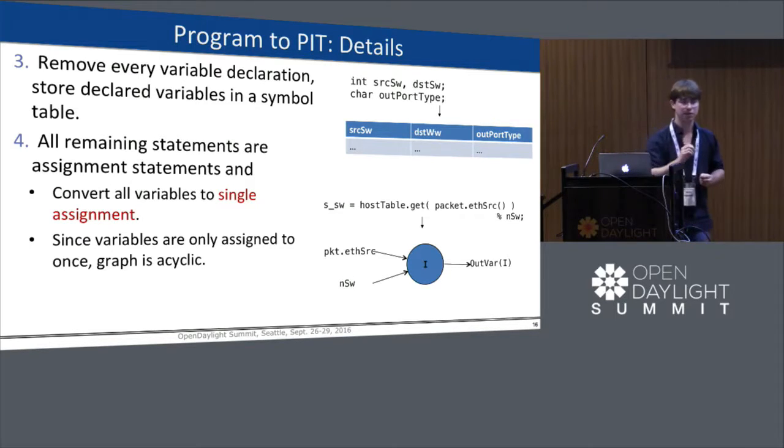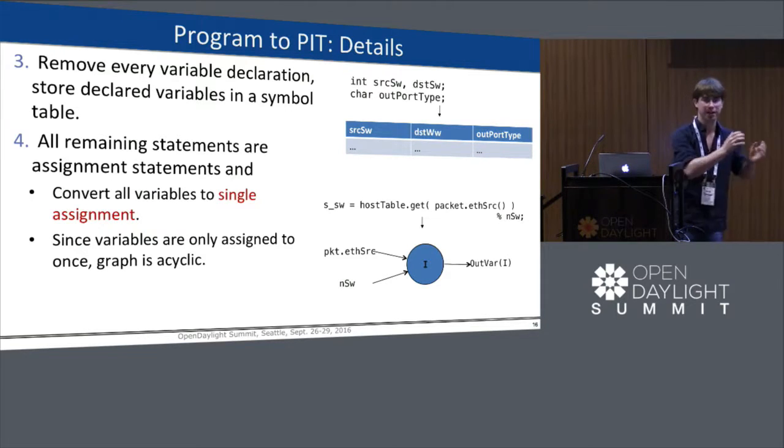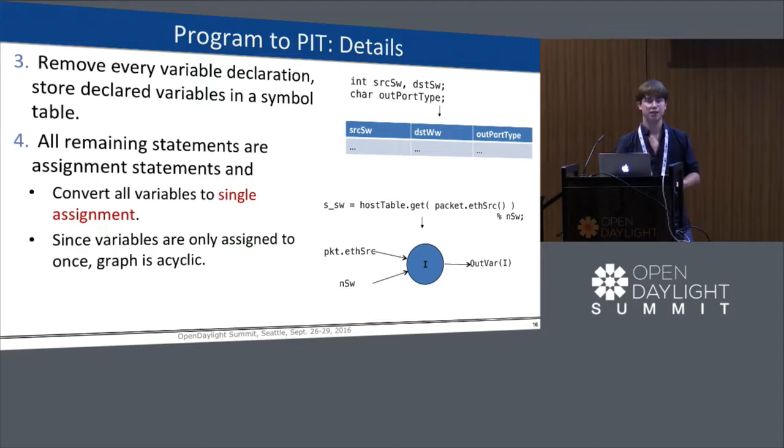We convert all variables to single assignment. That is, if we have the program a equals 1 and then a equals a plus 1, we convert the two instance assignments of a into discrete variables. We call one a0, call the second one a1, and we modify our program instruction tables representing these two instructions accordingly.